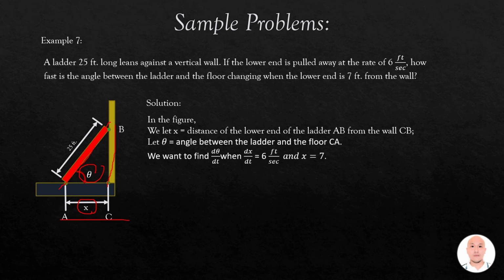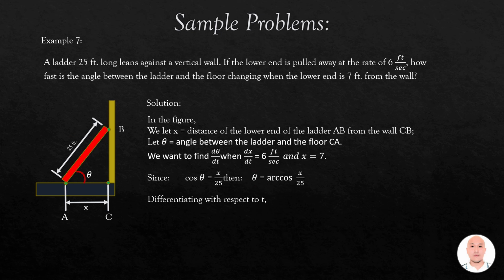So we want to find here the d theta over dt when dx over dt is equal to 6 feet per second and x is equal to 7. So since cosine theta is equal to x over 25, then theta is equal to arc cosine of x over 25.